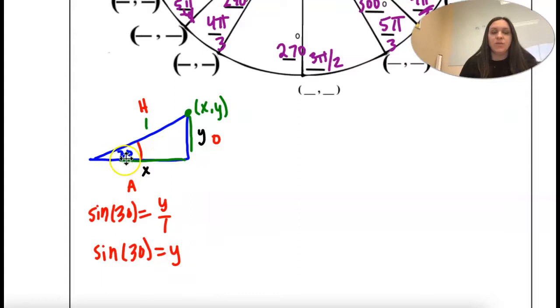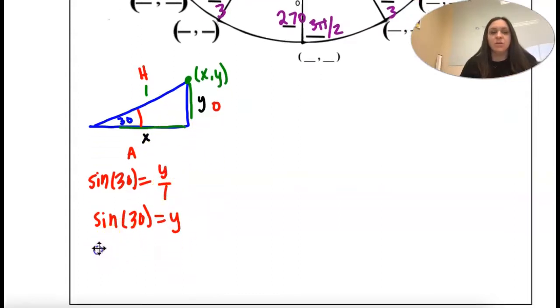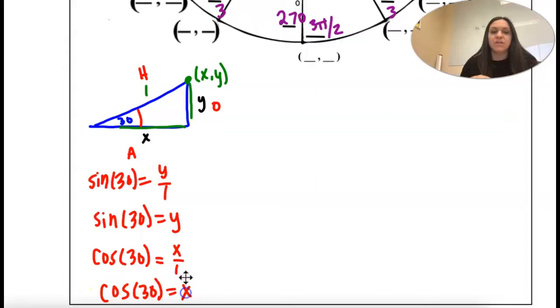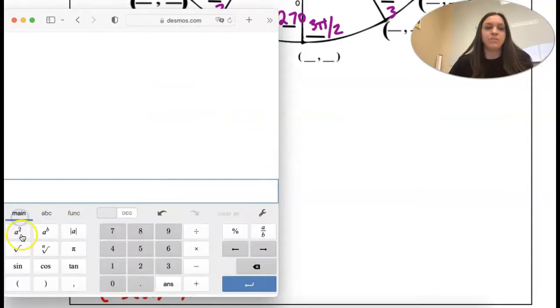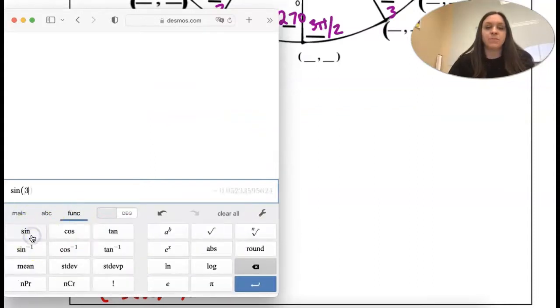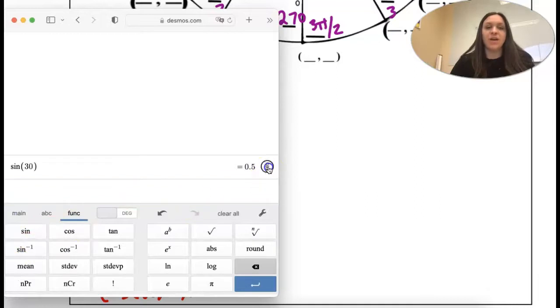And then we do the same thing. Cosine of 30 would be x over h, or just cosine of 30 is x. So let's find those values. Sine of 30 is 0.5 or 1/2.